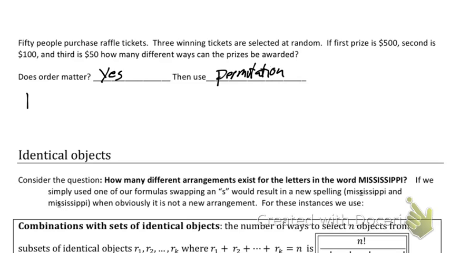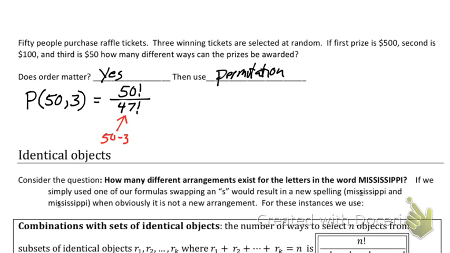And our permutation is going to be, I have 50 total people. I am choosing 3 winners. So my formula is going to be 50 factorial over 50 minus 3, which is 47 factorial. Once again, if you need the extra notes, just write that is 50 minus 3.